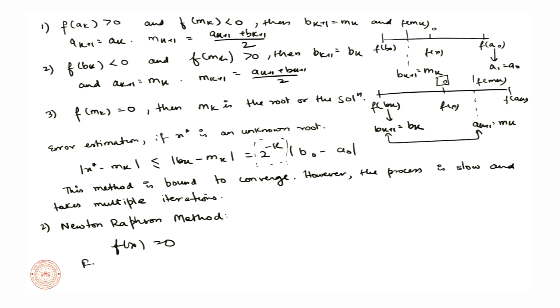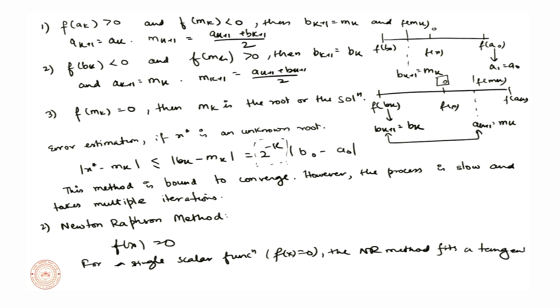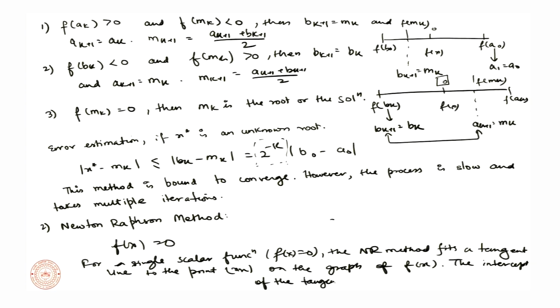What the method says is that for a single scalar function, that is f of x equals 0, the Newton-Raphson method fits a tangent line to the point x n on the graph of f of x, and the intercept of the tangent to the x axis is x n plus 1.